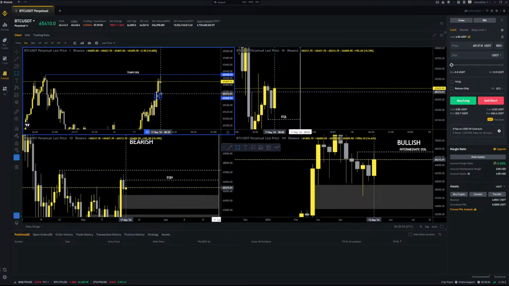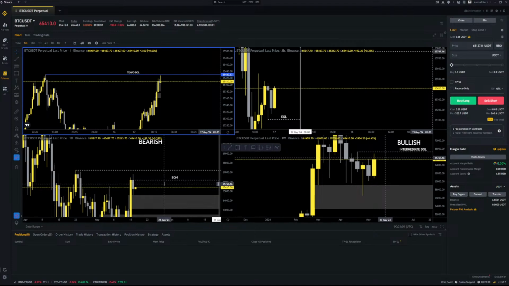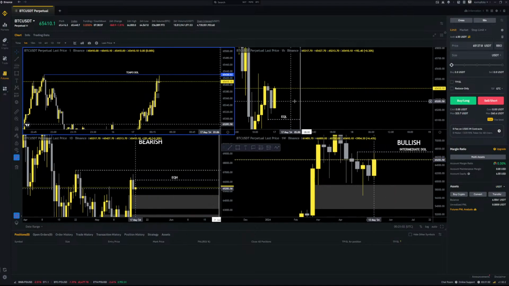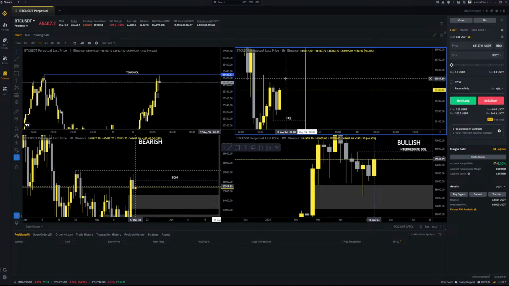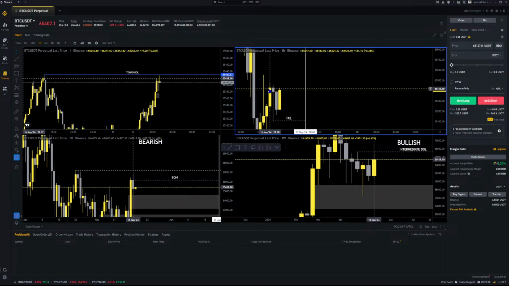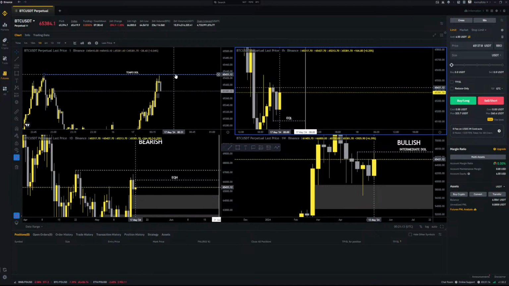Where am I building my narrative from? I'm building my narrative from this equal highs, not this equal highs actually. The equal highs right here on our 1 hour chart. This is where I'm building my narrative from. You can see a rejection here.